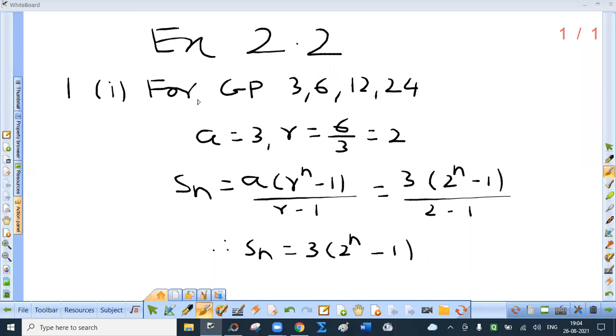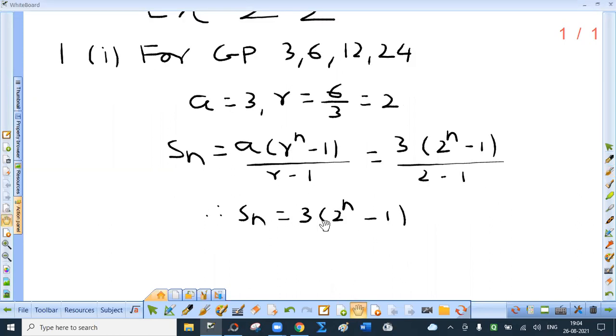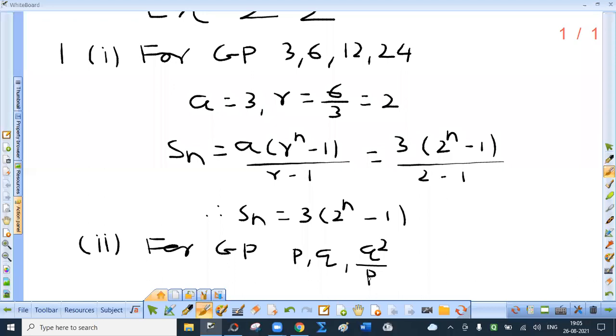Now can you tell me the second GP? Yes, please read. Second geometric progression. Anybody? Okay, check this. Is this p, q, q square upon p, q cube upon p square?